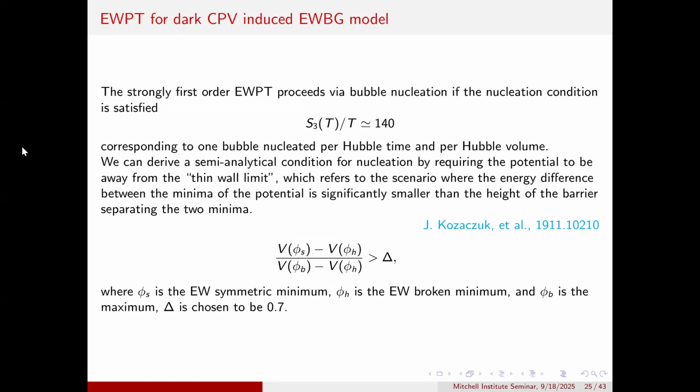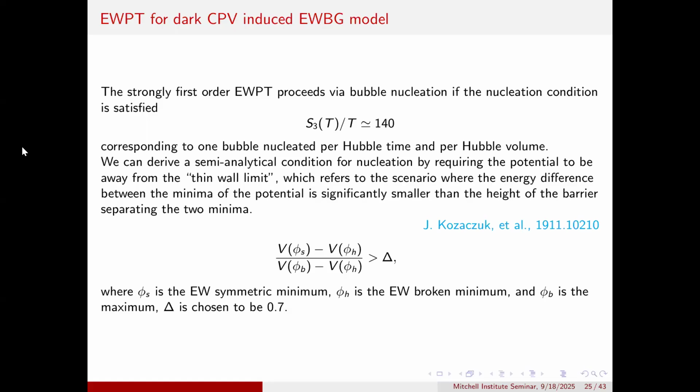And also the nucleation condition is harder to derive because it's hard to calculate the nucleation rate analytically. So in this paper, these people propose an approximate condition for the nucleation: that the energy difference between the 2 minima shouldn't be too small compared to the barrier. Otherwise, it would be very hard to tunnel through the barrier.